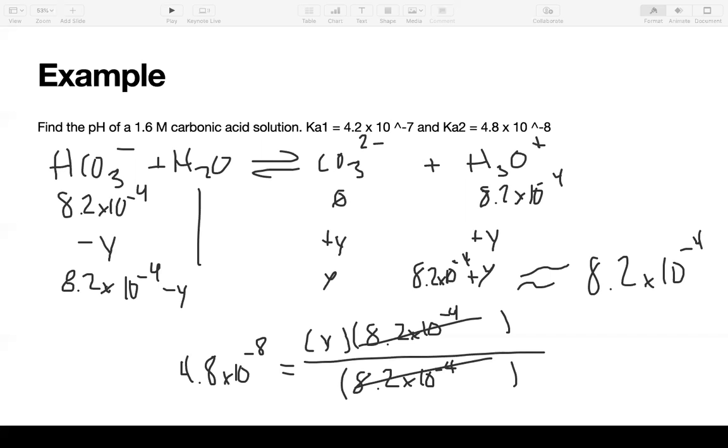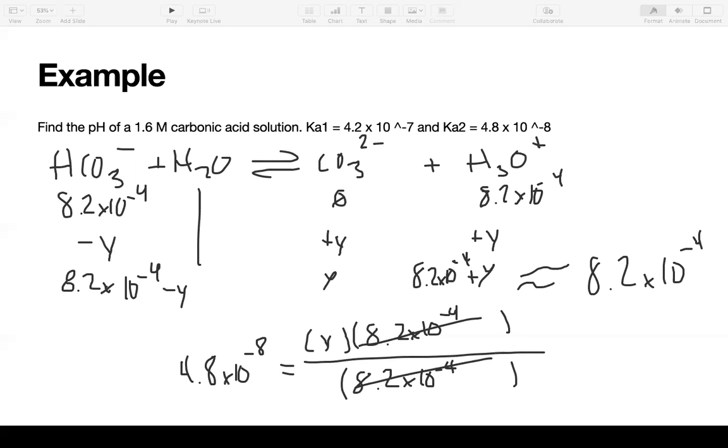So we can calculate our pH using this number. We could add y, but because it's so incredibly small, it's not going to make any difference. It's like adding 1 to a million. It's still a million, basically.